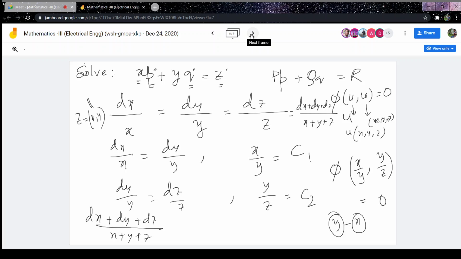Now suppose I am giving you a simple one, try to solve this one: zx p plus zy q is equal to xy. So your Lagrange subsidiary equation will be dx by yz equals dy by zx equals dz by xy.